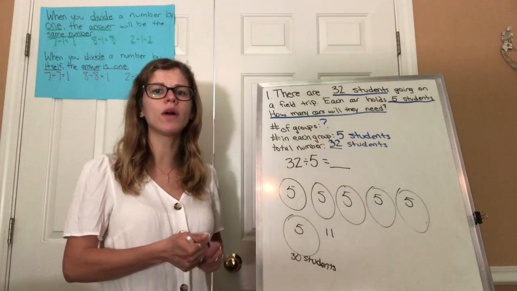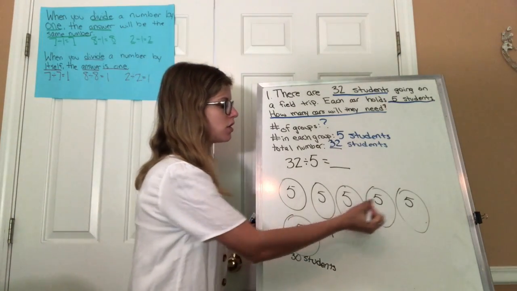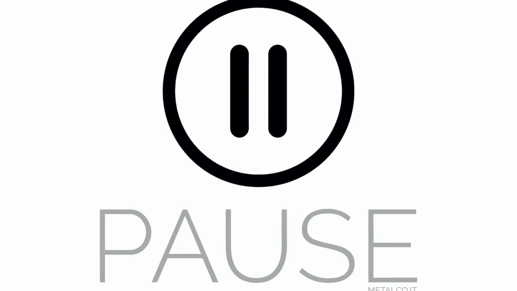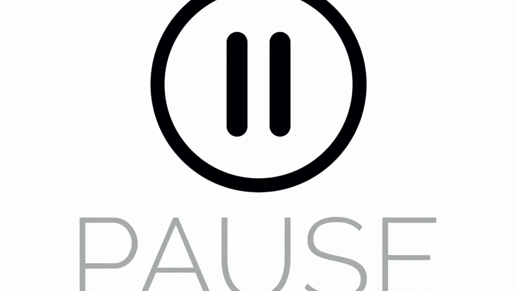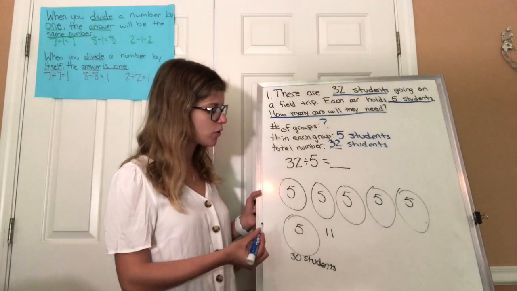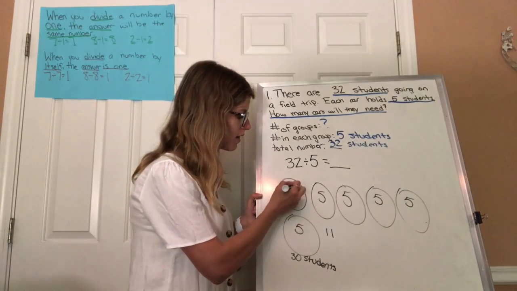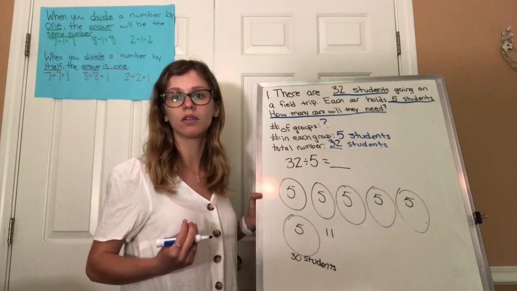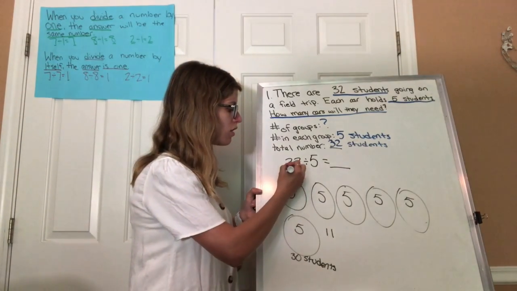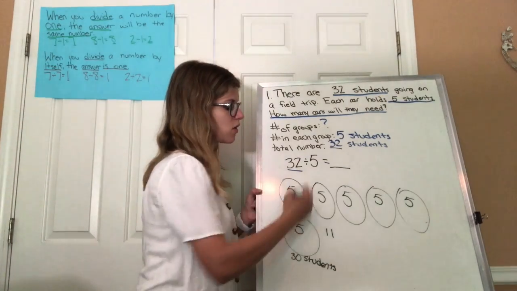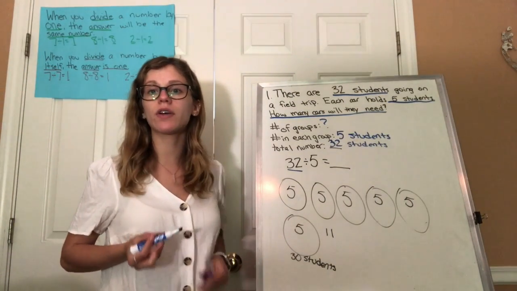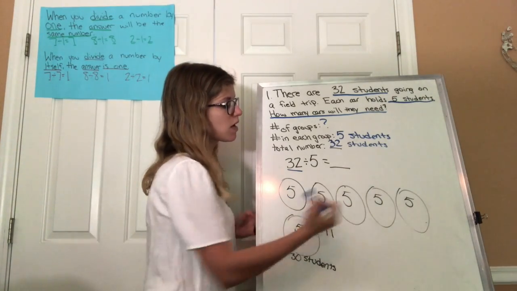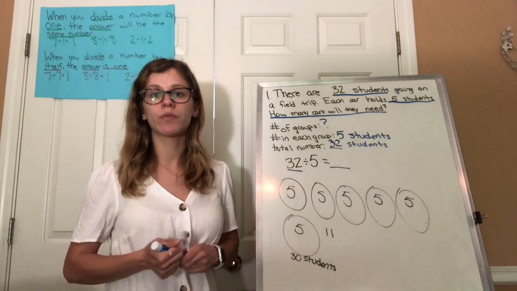Pause me and think about what this representation shows. What am I showing in this picture? What I'm doing is showing that these are each cars. Every circle is a group or a car. And I'm dealing out 32 equally in these groups. I knew that there was going to be 5 in each, so I'm going to figure out how many groups of 5 I can make until I get to 32.